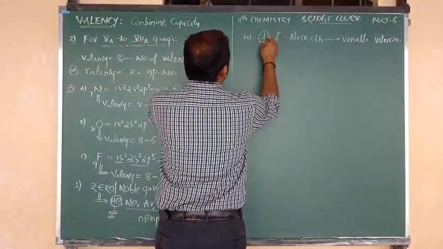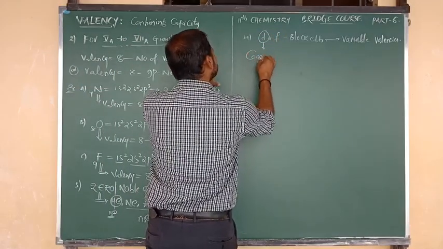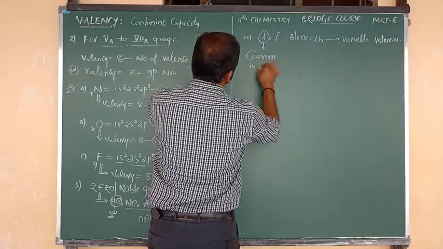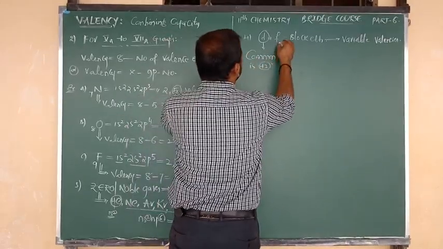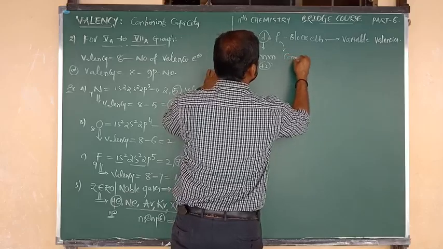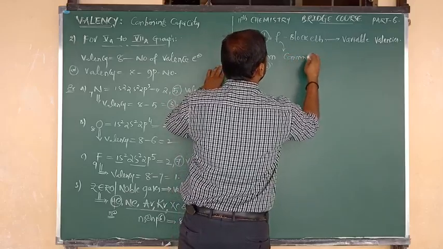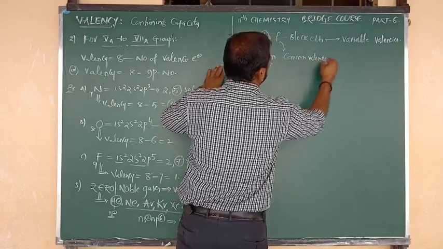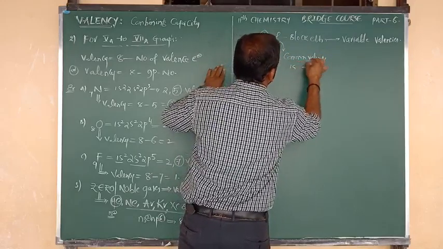So for D block elements, the most common valency is +2. And for F block elements, the most common valency is what? It is 3.